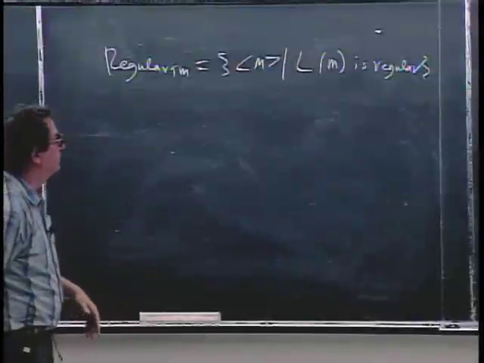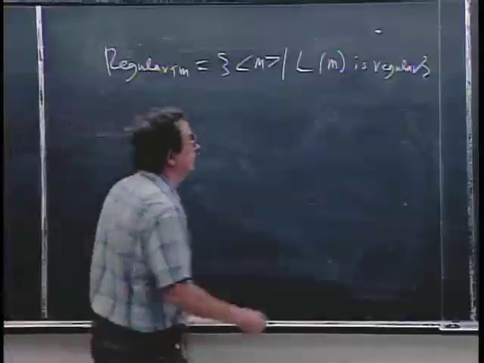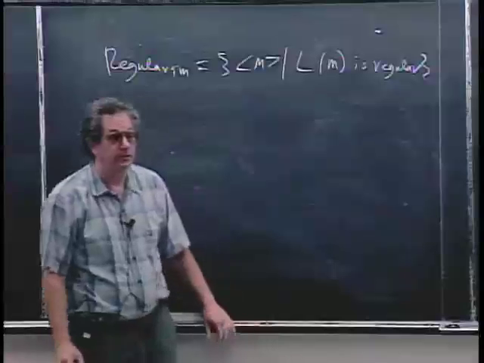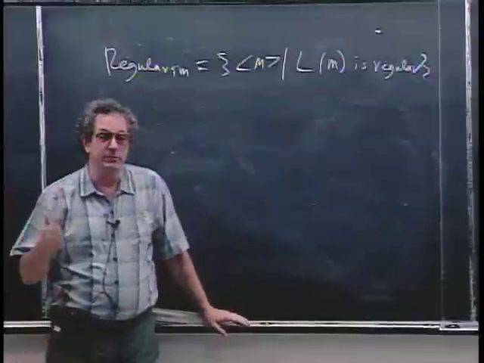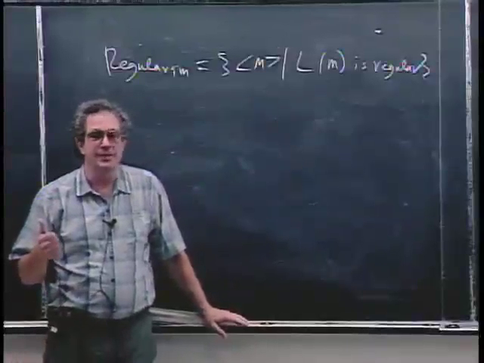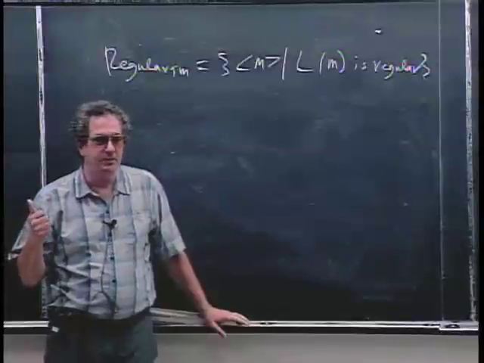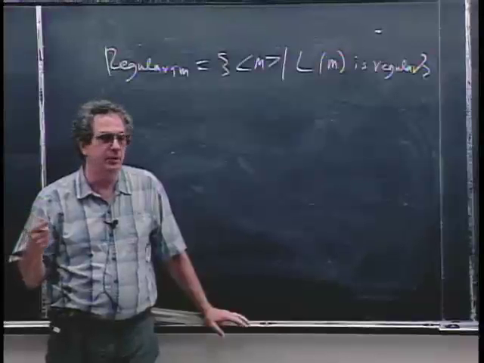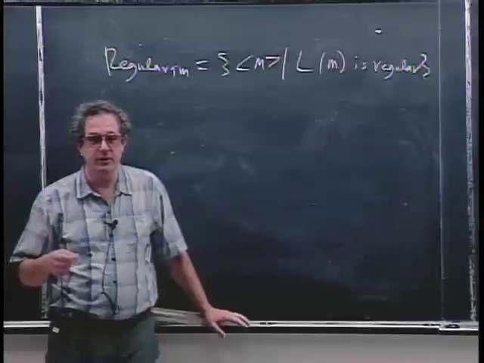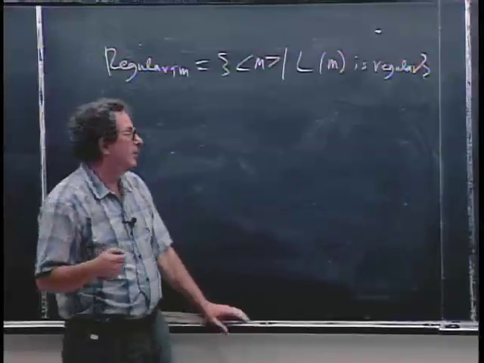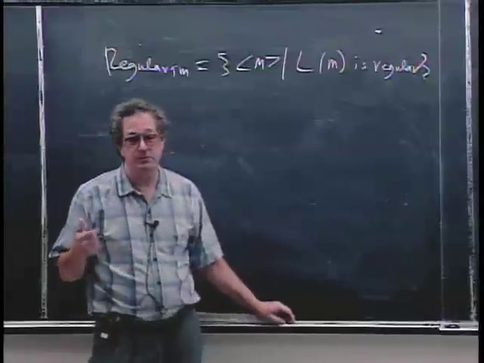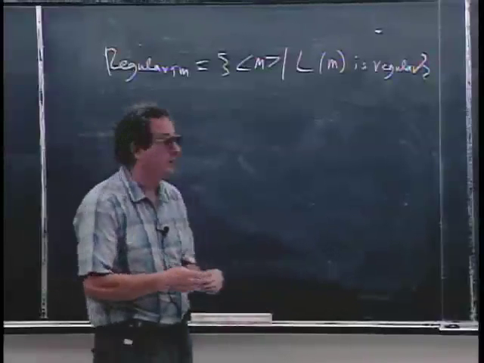And in fact, we know some techniques for proving that a language is regular. We can build a deterministic finite state machine, or a non-deterministic finite state machine, or a regular expression. And all of those demonstrate that the language is regular. And to prove that it's not regular, we have some techniques for that. The pumping lemma is the one that we studied in this class.